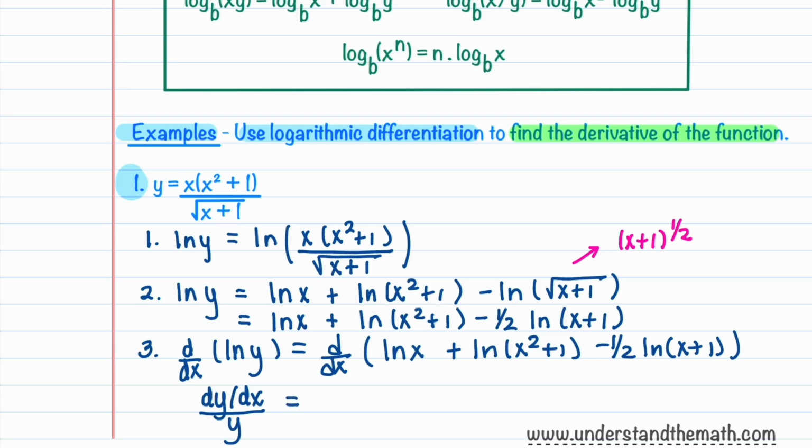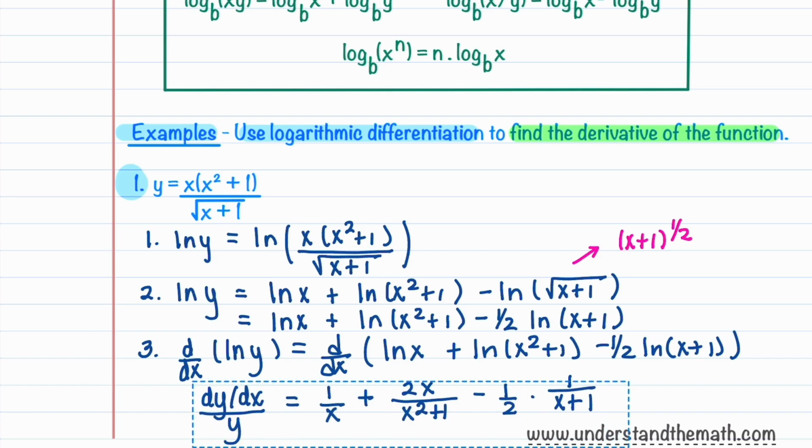And on the right-hand side, we're going to have 1 over x plus the derivative of ln x squared plus 1, which is the derivative of what's inside, which is 2x, all divided by what's inside, x squared plus 1, minus 1/2 times the derivative of the natural log of x plus 1, and that's just the derivative of x plus 1 on the top, which is 1, and then our x plus 1 in the denominator. I'm going to go ahead and copy this, and we'll take this with us to the next page.